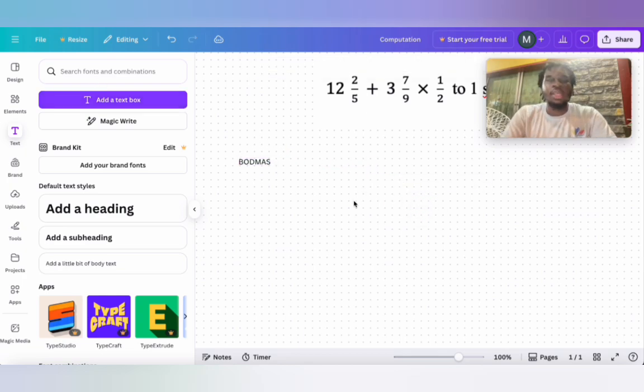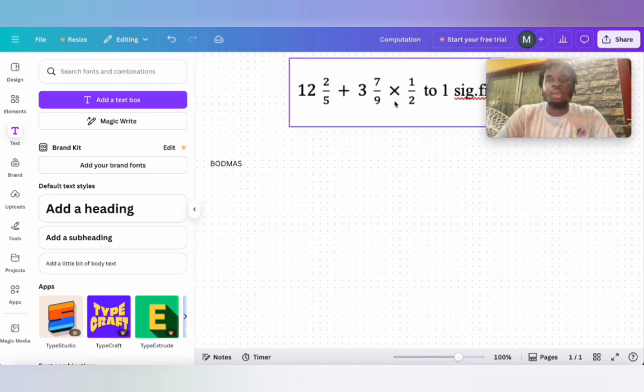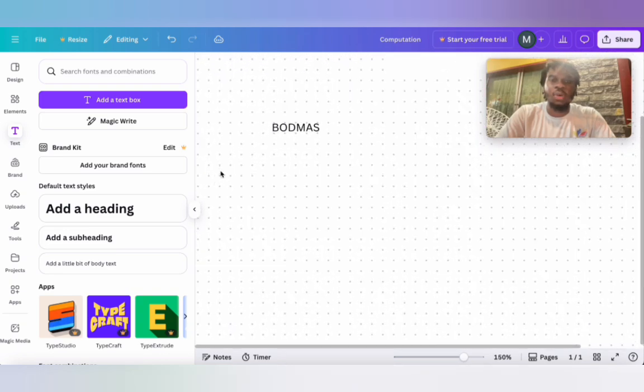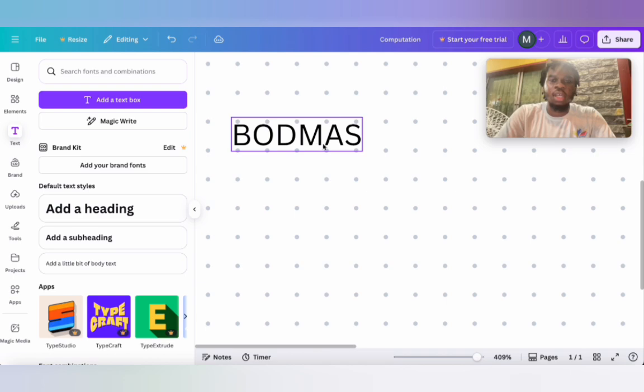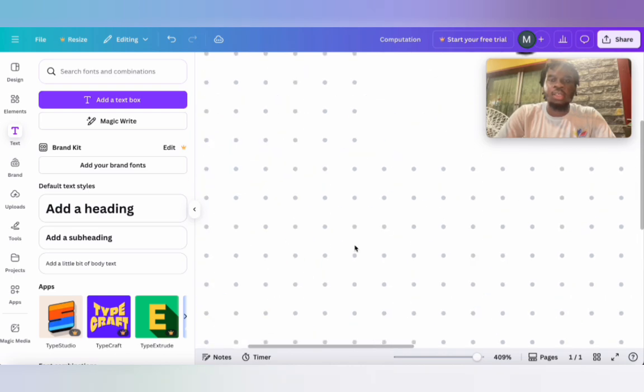So this basically means we must do brackets first, then orders, then division and multiplication, and then addition and subtraction. So we are going to multiply 3 and 7 over 9 by a half first, because in BODMAS, multiplication comes before addition.